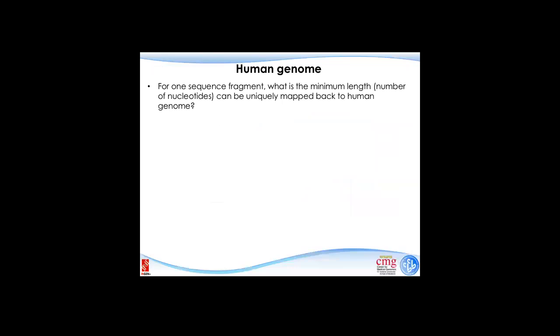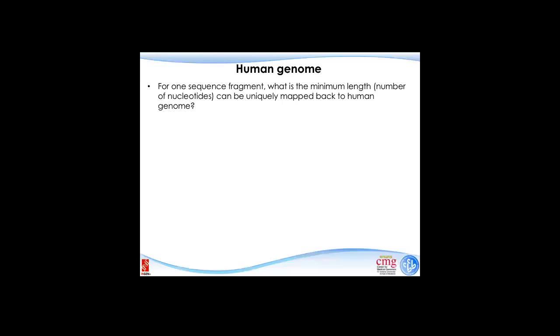If we revisit the human genome, for one sequence fragment, what is the minimum length that can be uniquely mapped back to the human genome? So who can answer this question without looking at the notes? Do we know? Any biologists sitting in the room who did a PCR before?